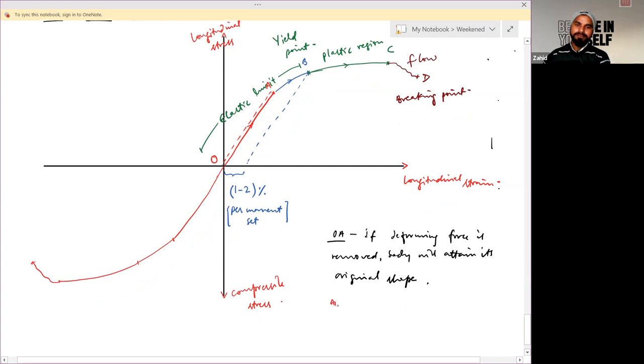From A to B, which is called the permanent set, the body has a tendency to regain, but with some permanent deformation.